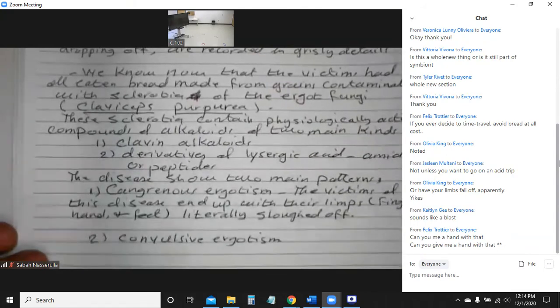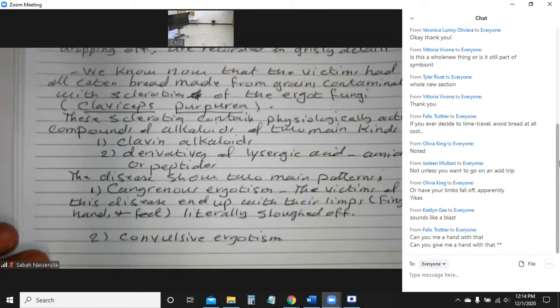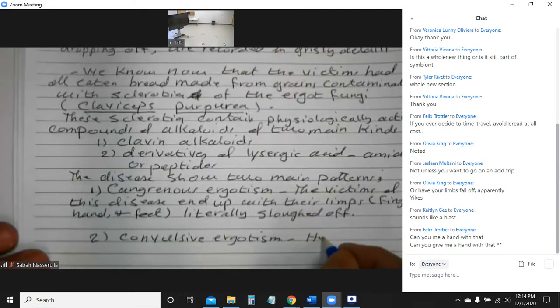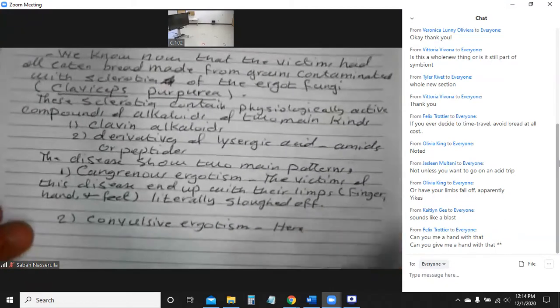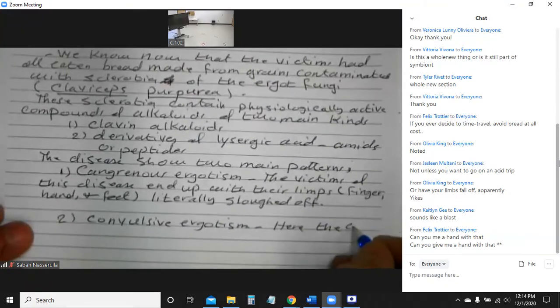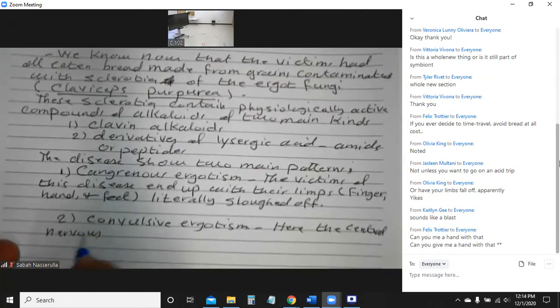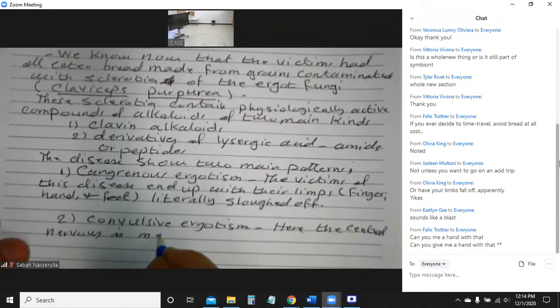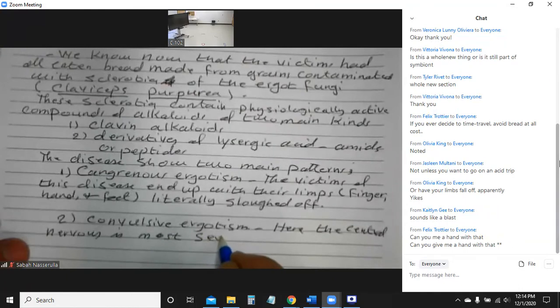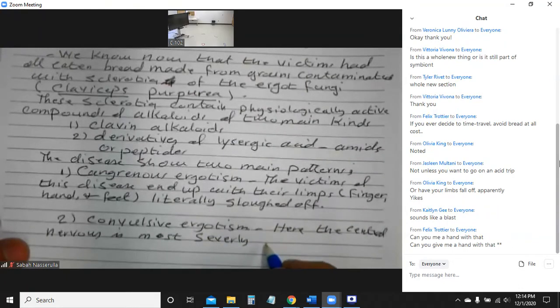Think about this one, which basically affects the nervous system, the central nervous system, which is the most severely affected.